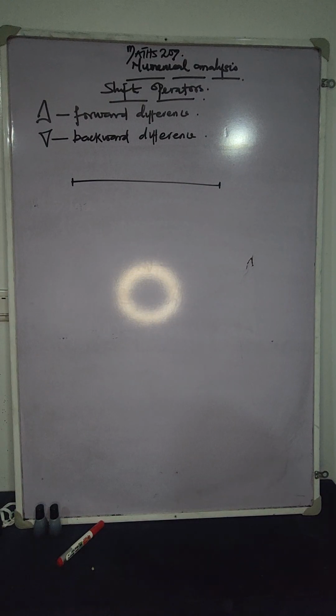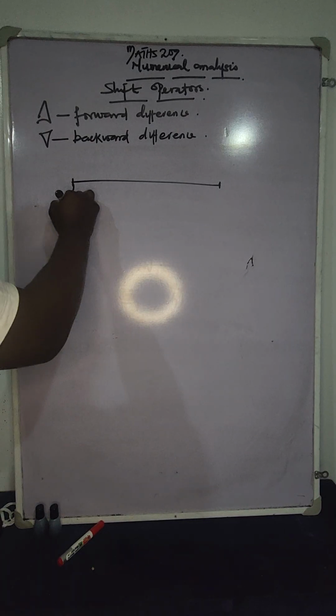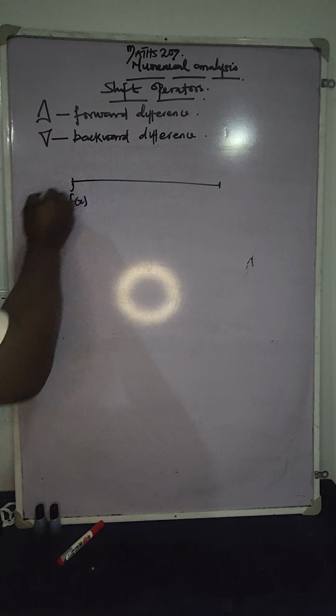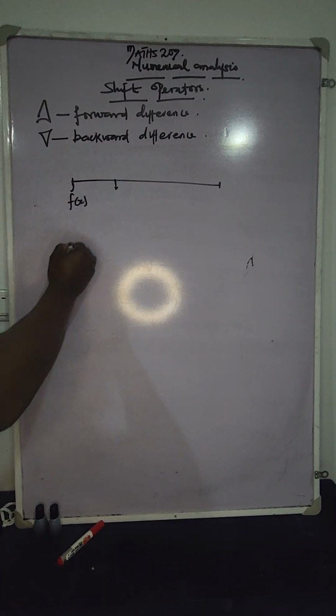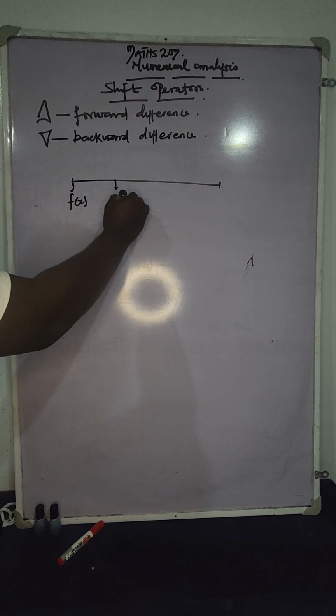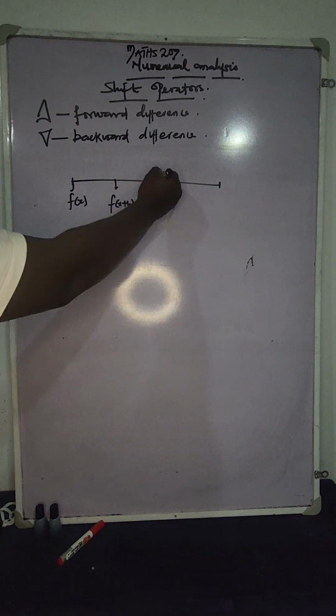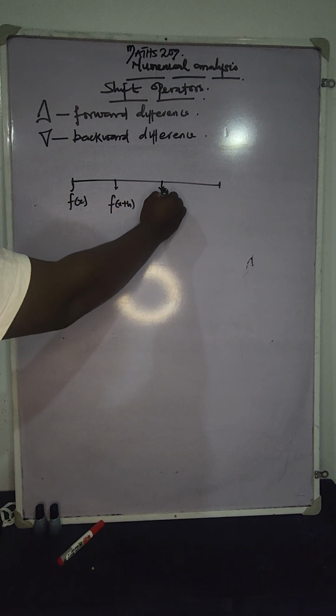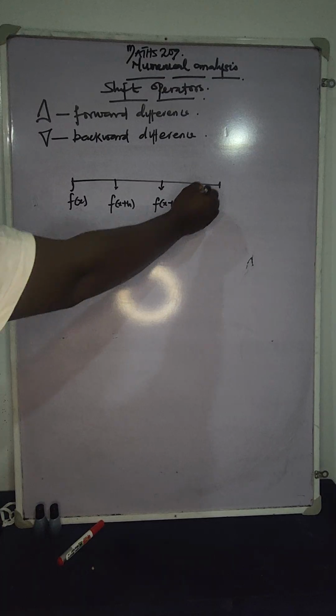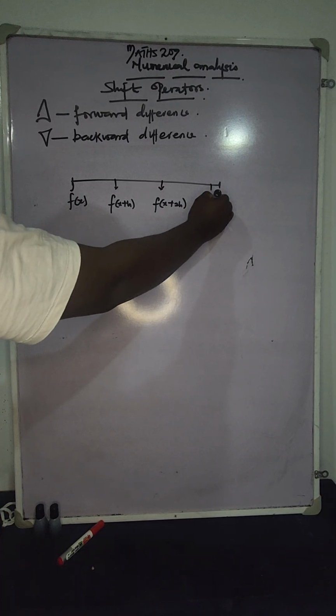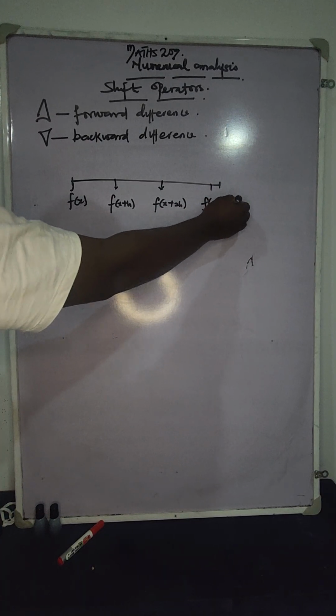We are approaching a line like this, and then we find out that here is f of x, right? So for us to move to this place, we call this place f of x plus h. We call this place f of x plus 2h. We call this place f of x plus 3h.